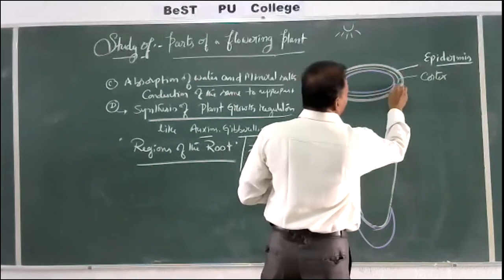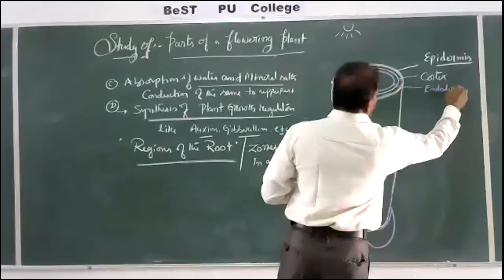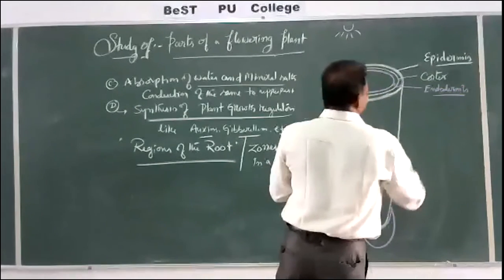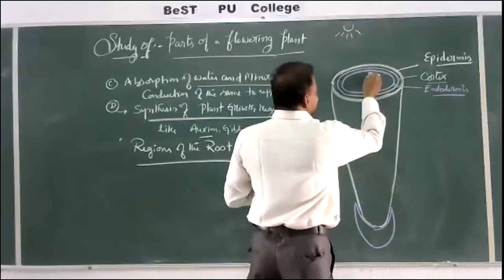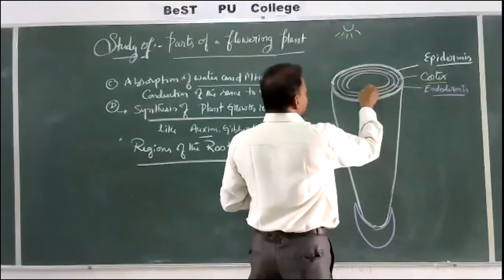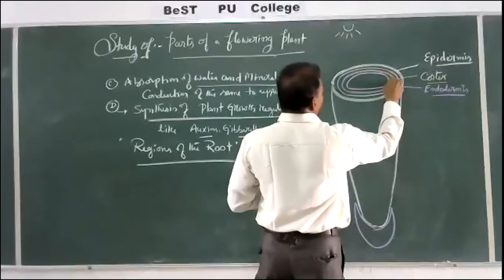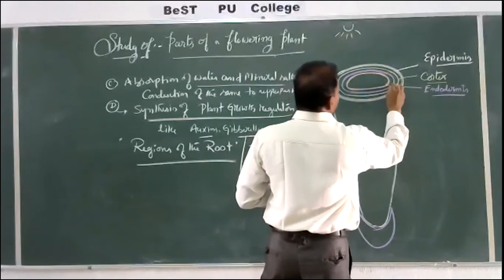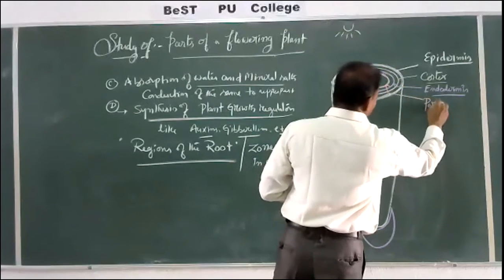This place is called endodermis. Inside this, some other layer is there. This area is called pericycle.